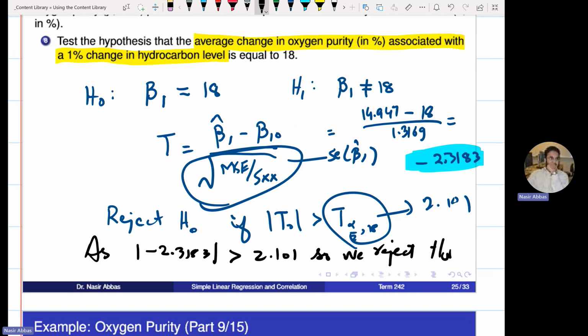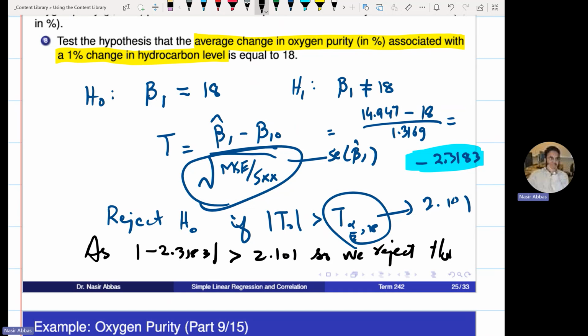It's not 18. If you fail to reject H naught, then you will say it is not significantly different. It means in the neighborhood of 18. When you reject H naught, that means it's significantly different.